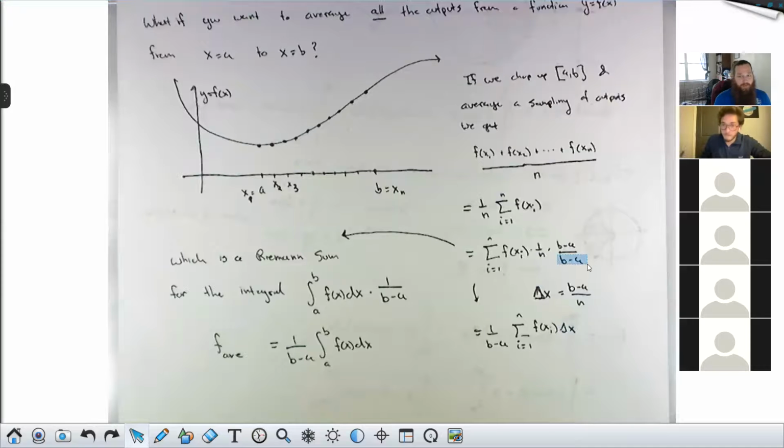And the copy of b minus a from downstairs, I bring that out front. So you end up with this guy, which is a Riemann sum for this integral. So this integral is the average value of that function, right? As n goes to infinity, this sampling becomes a true average, and the Riemann sum becomes an integral.